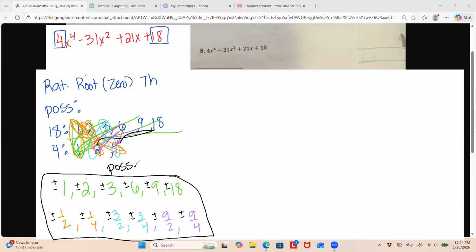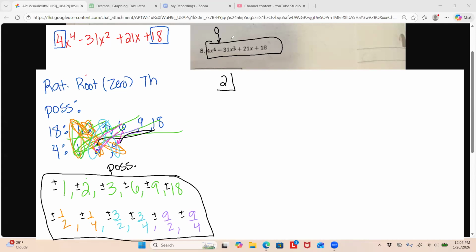And now you are just going to take your best guess with synthetic division to see which one of these works. Now, for the sake of time, I'm not going to just sit around and guess. I'm going to use one that I know that works, and that is 2. So positive 2, I'm going to put in the box, and now do synthetic with the original polynomial, but watch out. See how it goes from 4 to 2?